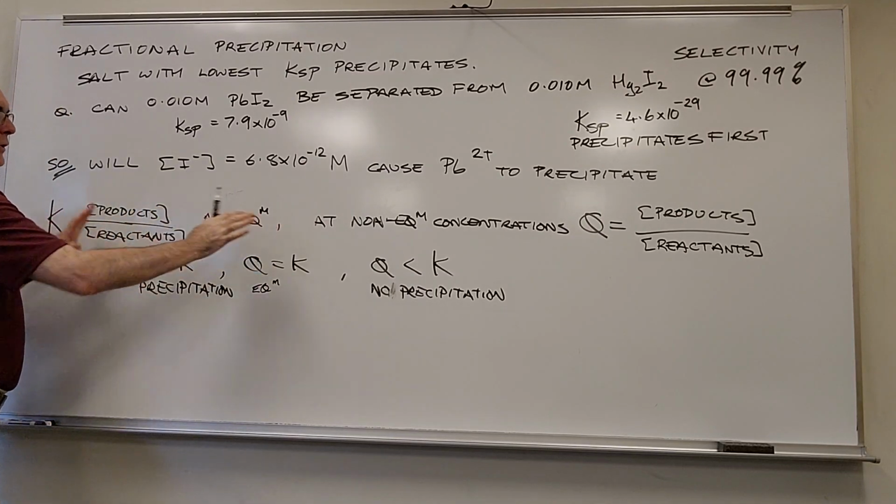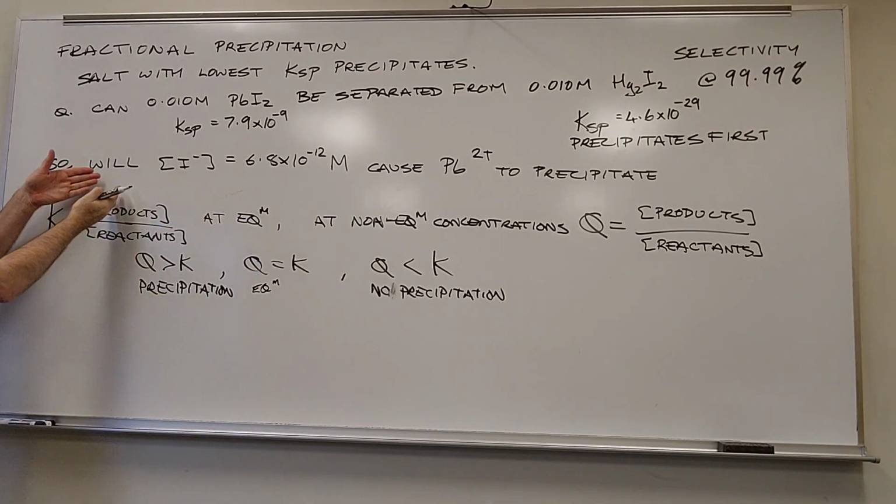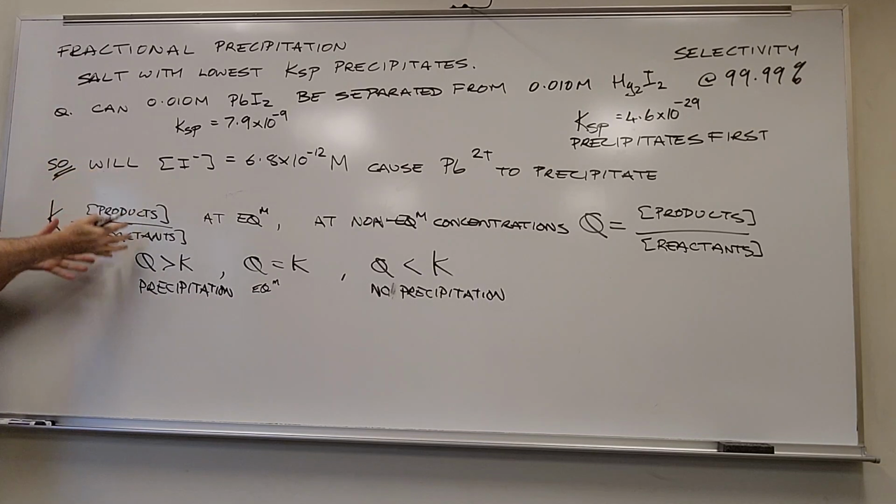So the deal with Q is it is in exactly the same form as however you had expressed K, but the numbers that you put in are numbers that are experimental. They come from data collection, and they might not necessarily be at equilibrium.